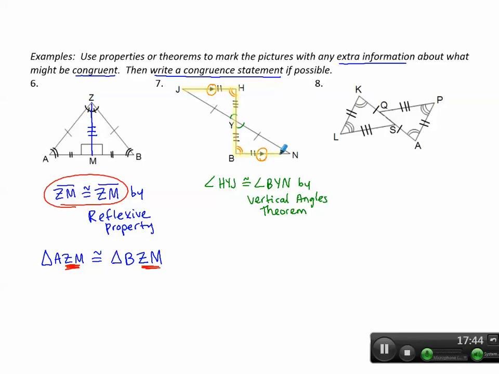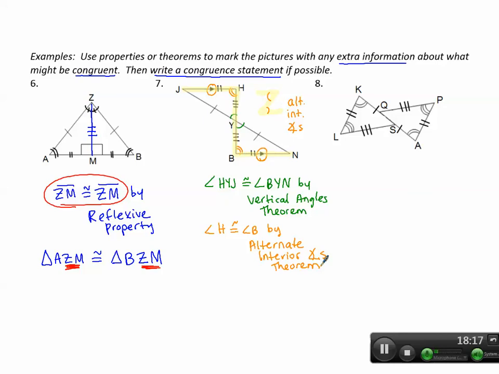If I trace the parallel lines and the transversal, it creates a Z shape. So the Z shape always gives me the alternate interior angles. So I'm going to write that angle H is congruent to angle B by the alternate interior angles theorem.